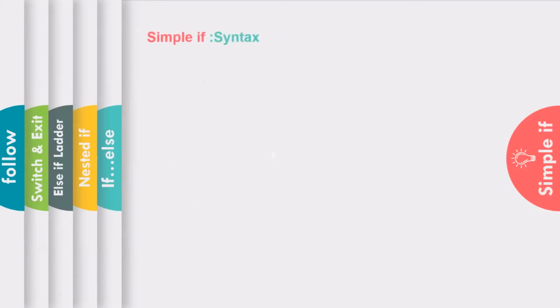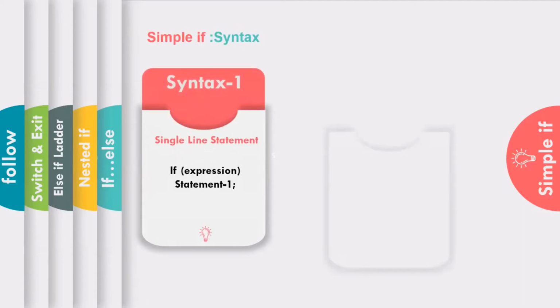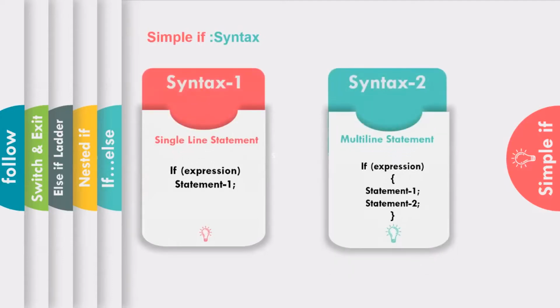The slide shows the syntax of the simple if statement using single line and multi-line. The single line statement syntax is if of expression followed by a statement, whereas the multi-line statement or compound statement is used to execute multiple statements if the condition is true.